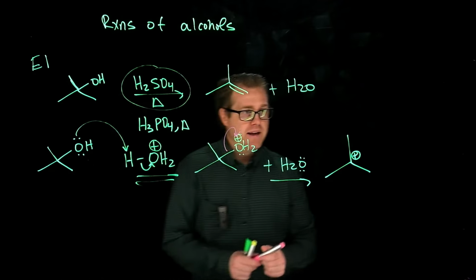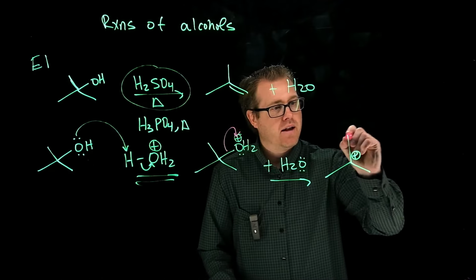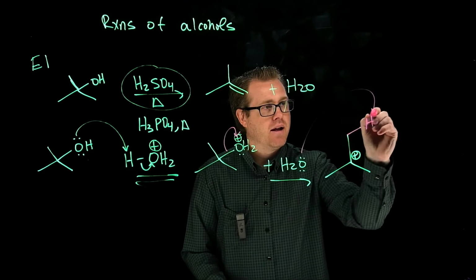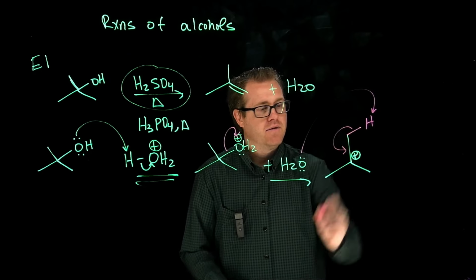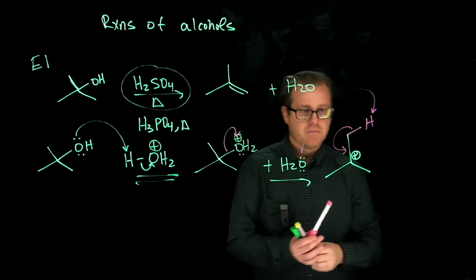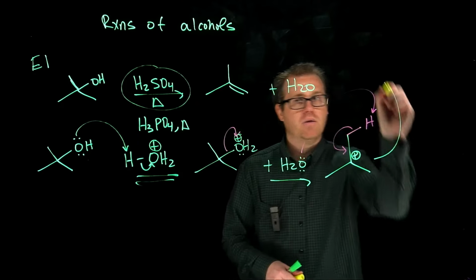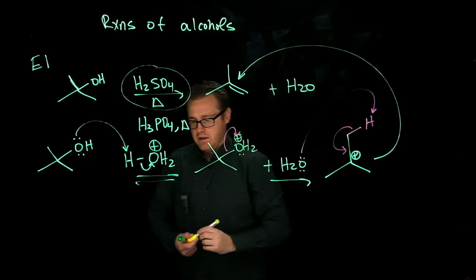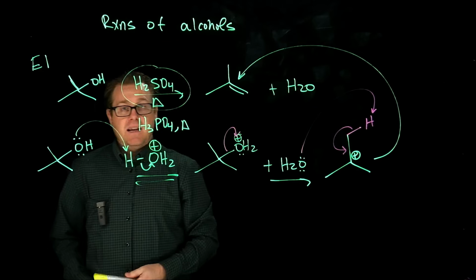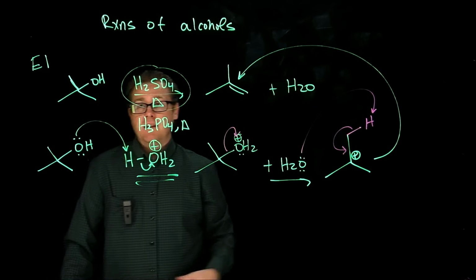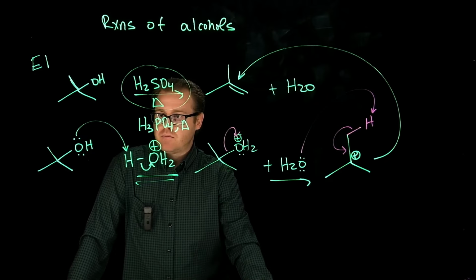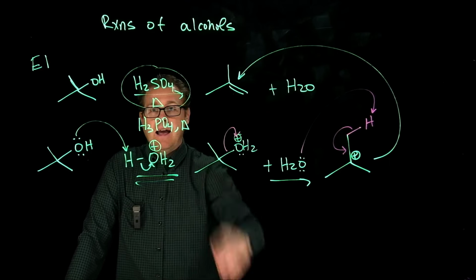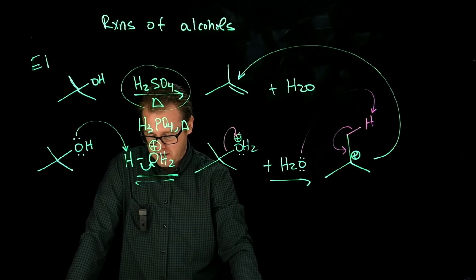And so this base right here can take one of the hydrogens that's attached there and come and grab it and form our product. So that goes to our product right there. So that is an E1 mechanism where we can eliminate water and go from an alcohol to an alkene. Pretty slick.